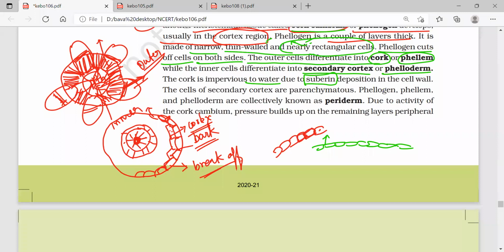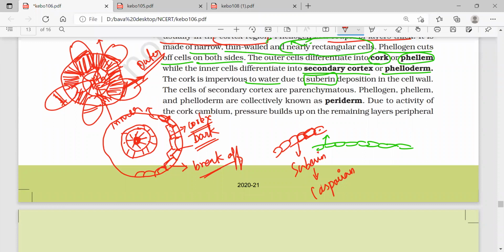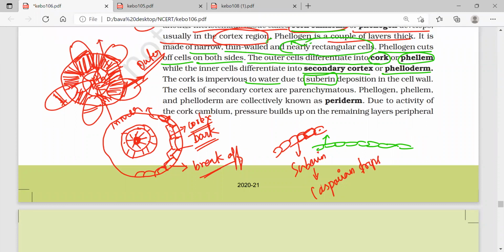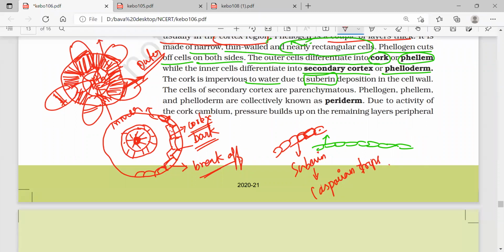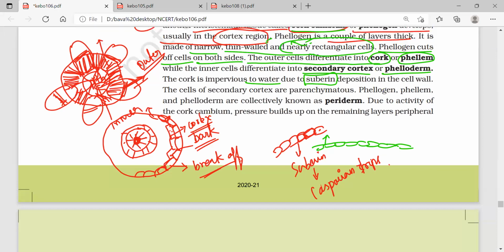That's why the layer is called Casparian strips. Do you remember studying that? Yes, sir. So if a question asks in which region suberin is deposited, the answer is both endodermis and cork. Both regions have suberin deposition in the cell wall.